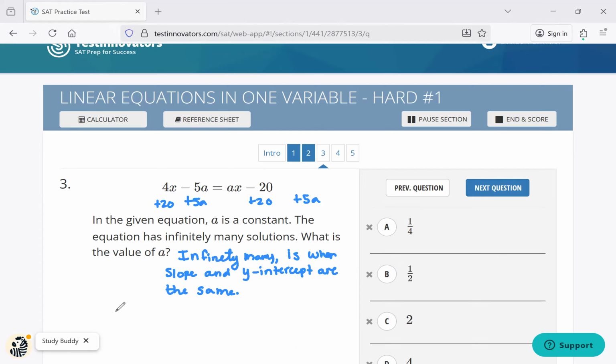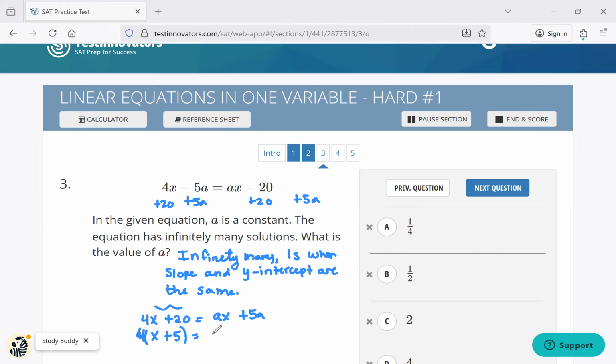Okay. So now we have 4x plus 20 equals ax plus 5a. Okay. Then what I could do is on this left side, 4x plus 20, it looks like I could factor out a 4, so this would be 4 parentheses x plus 5.